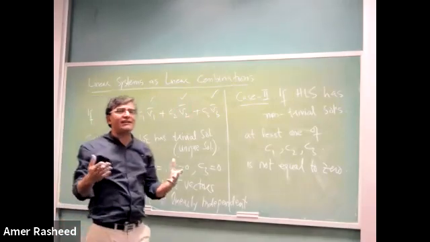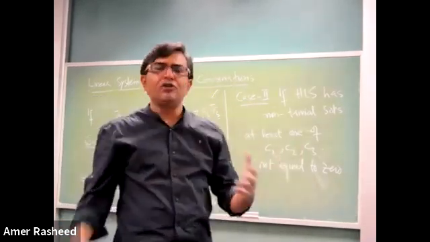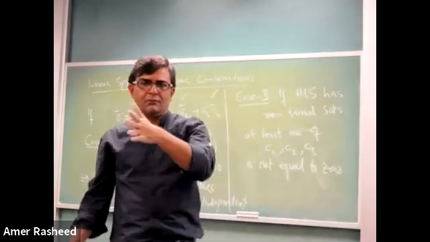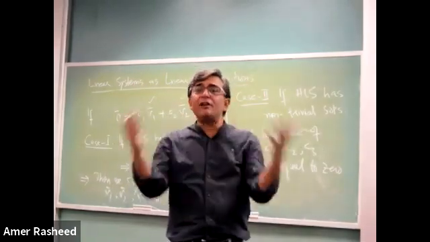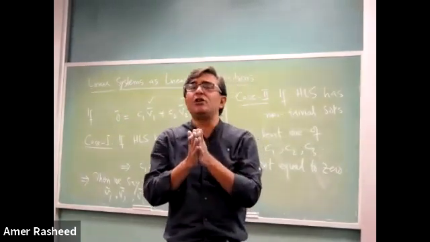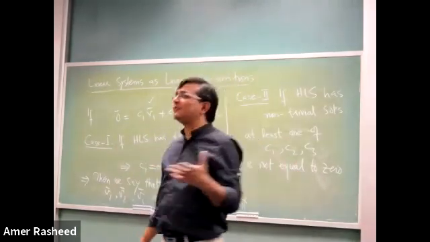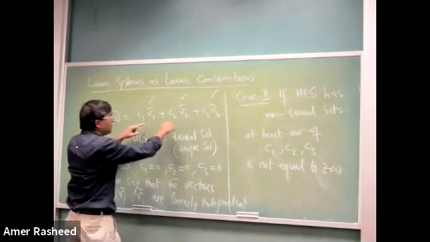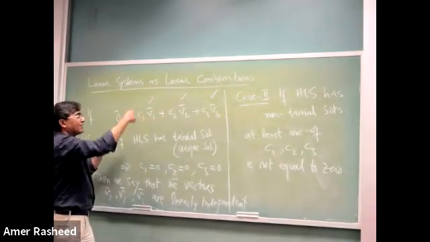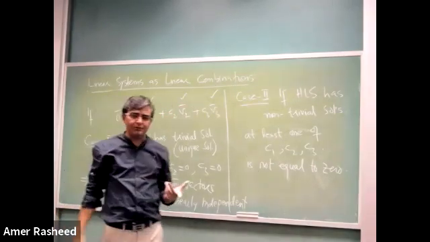If you want to check whether three vectors v1, v2, v3 are linearly independent or not, you just have to put those vectors in a matrix and check whether the determinant of that matrix is 0 or not. If the determinant is non-zero, we say that they are linearly independent. Why? Because if the determinant of the coefficient matrix of this homogeneous linear system is non-zero, then this homogeneous linear system will have only the trivial solution.